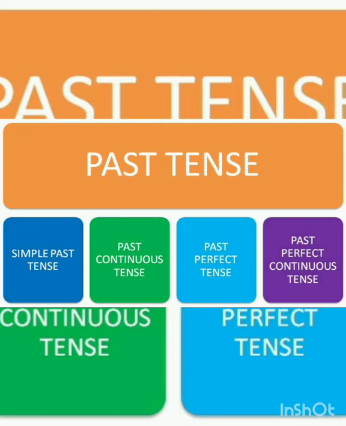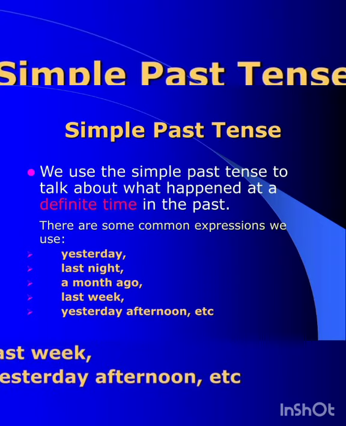My dear friends, this simple past tense is used for a past action with past time adverbs, and it is also used for past discontinued habits. Here you can see this simple past tense is used to talk about what happened at a definite time in the past.